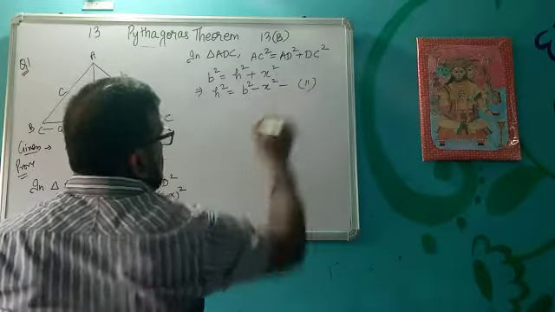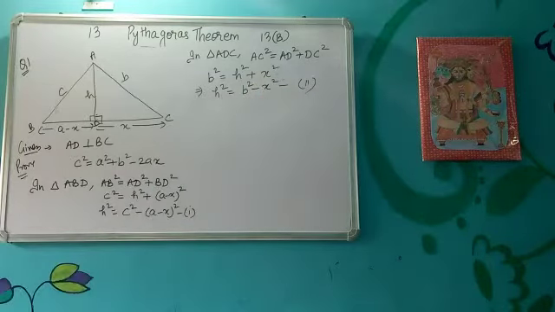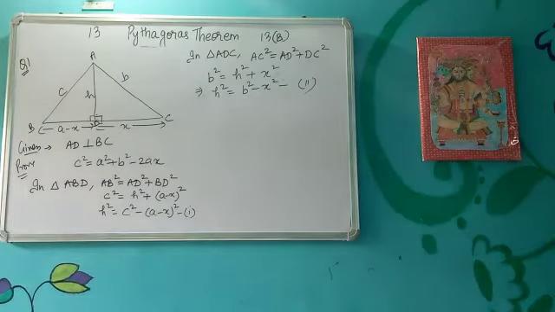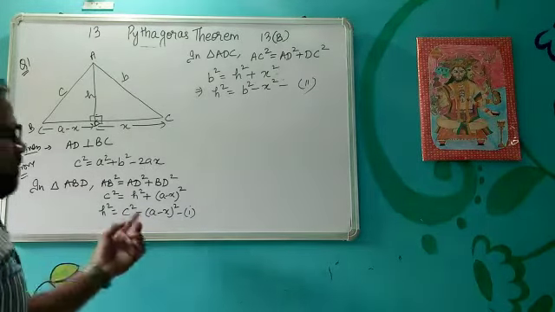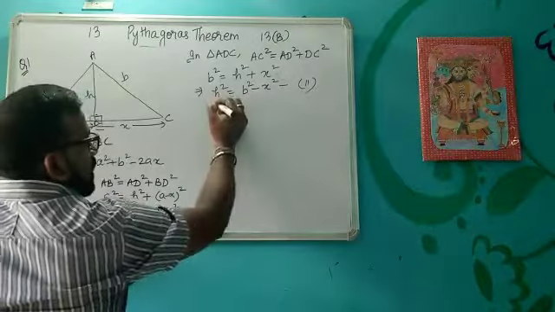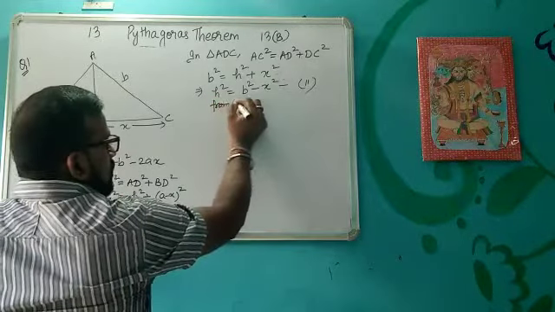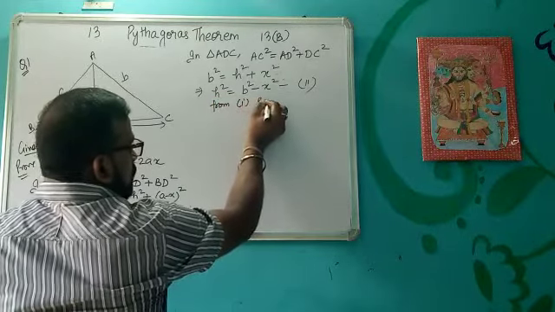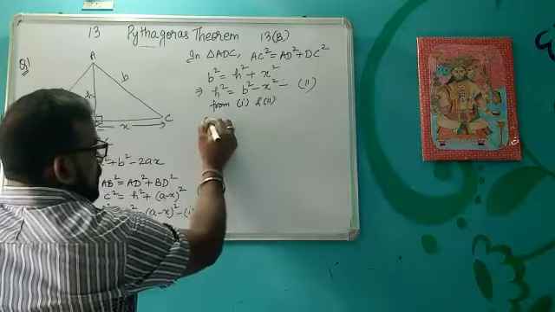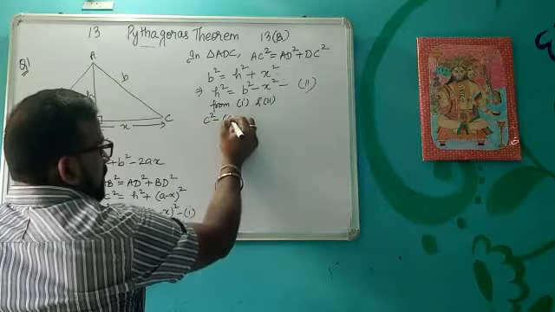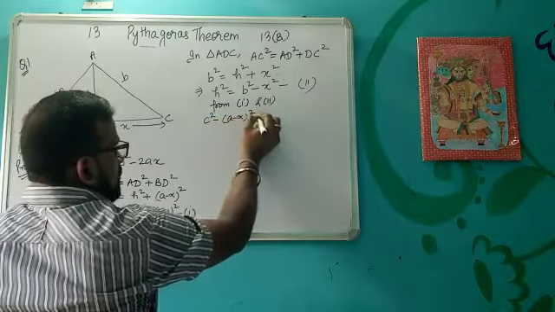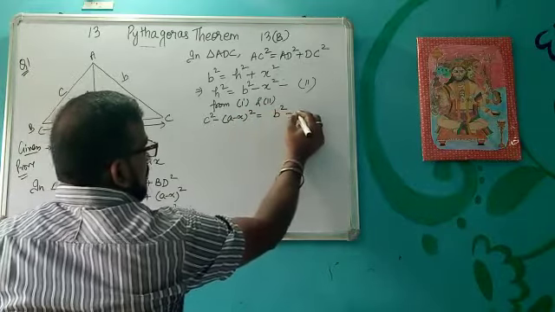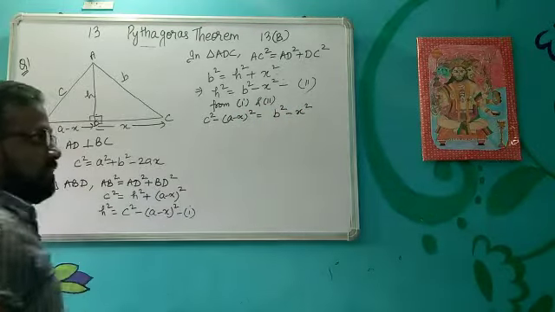This is our second equation. So we will compare these two equations. We will write from 1 and 2. So c square minus (a minus x) square is equals to b square minus x square.